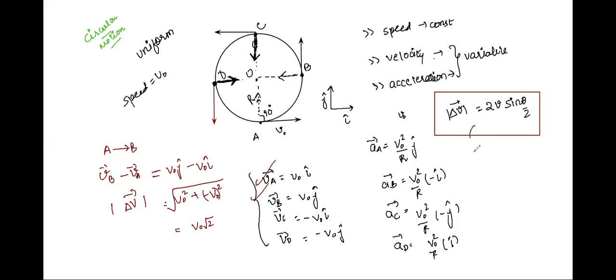Now try getting the same thing with this formula. VB is in the upward direction and VA is in the rightward direction.